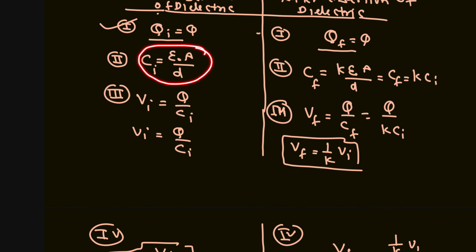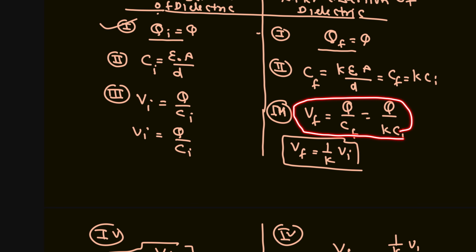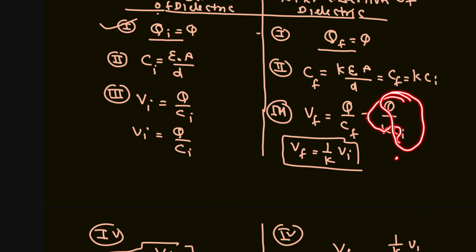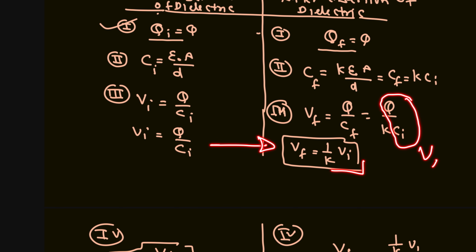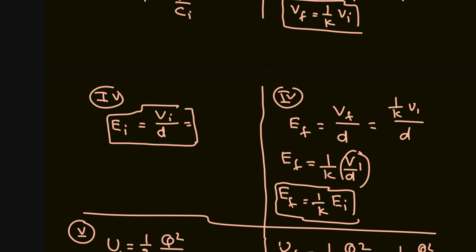Now V final is Q upon C final, and C final is nothing but K Ci. Putting in the value of Q by Ci as Vi, we get V final equal to 1 by K times Vi.